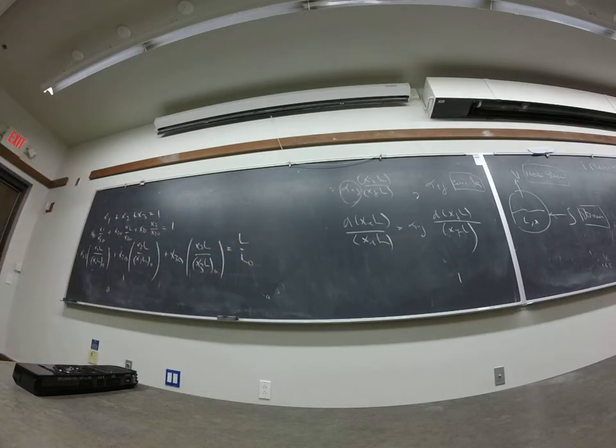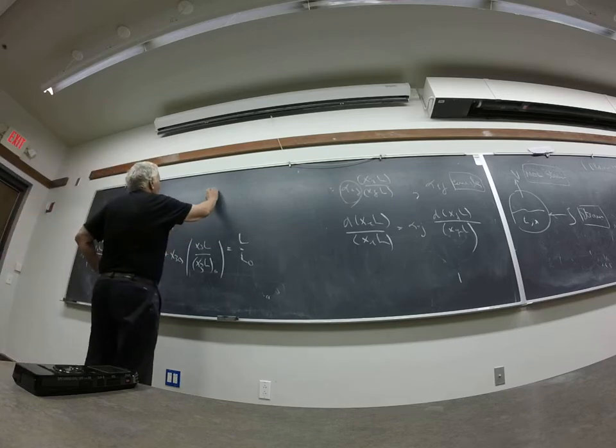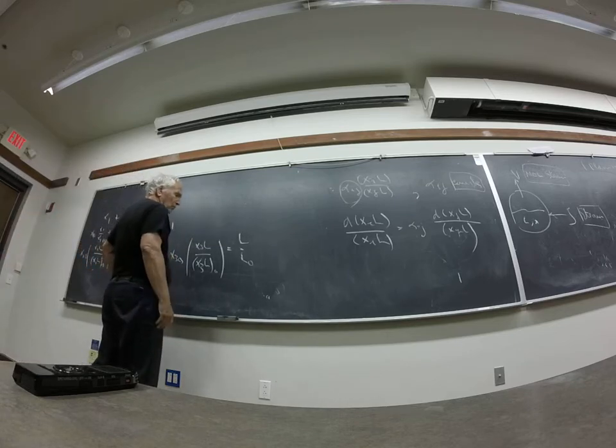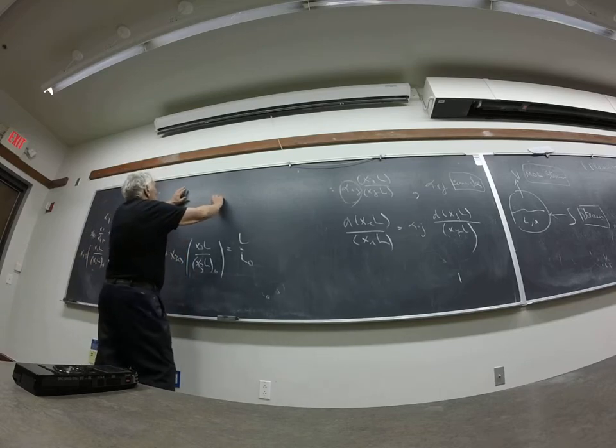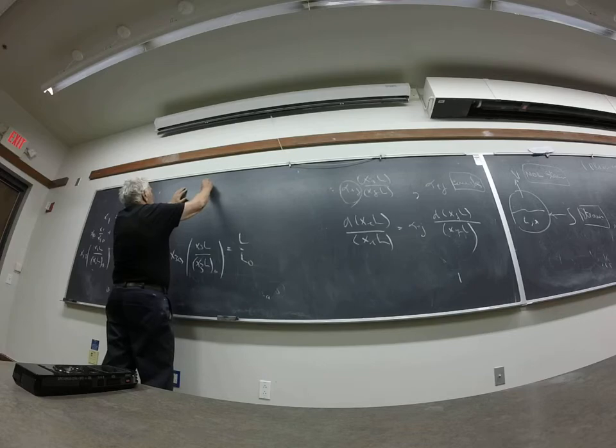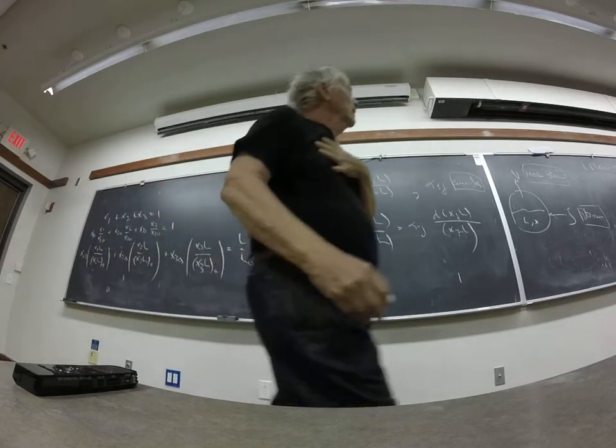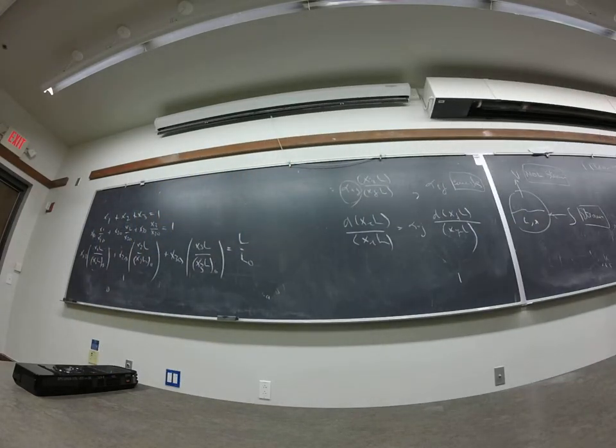Okay? Now, pick one of your species. Maybe you'll pick X3. How have I written these down there? I pick X3, and I'll write every one with respect to X3.